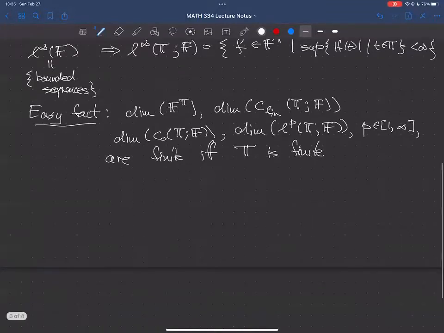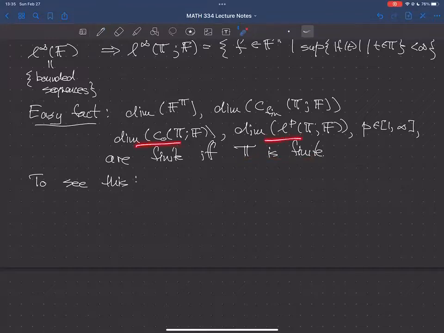So to see this, there are two parts, of course. One is that if T is finite, then all these dimensions are finite. So let's first look at that situation where T is finite. So suppose T is finite.